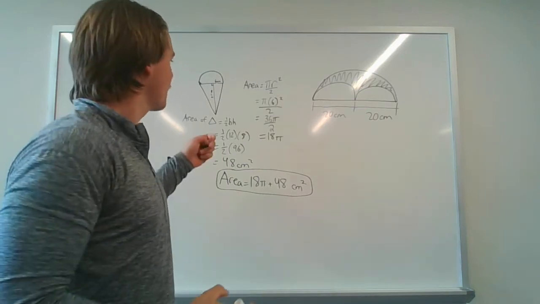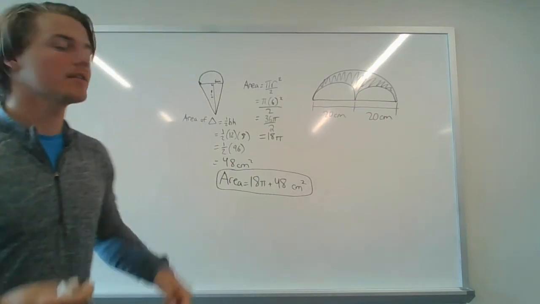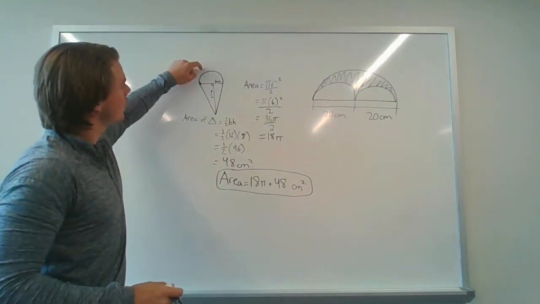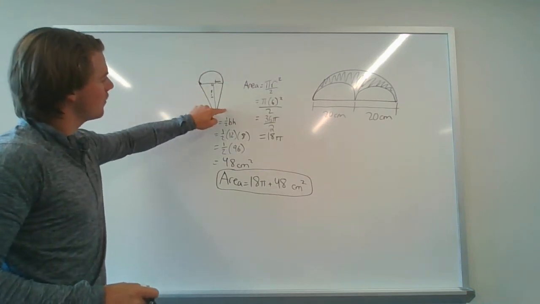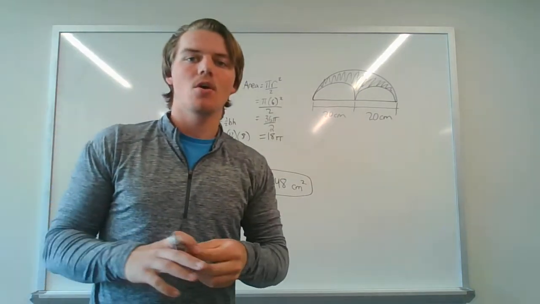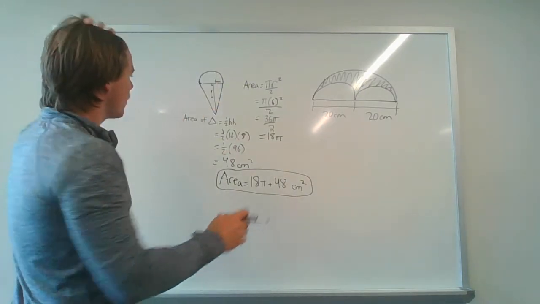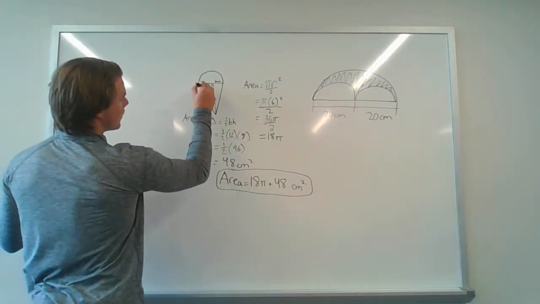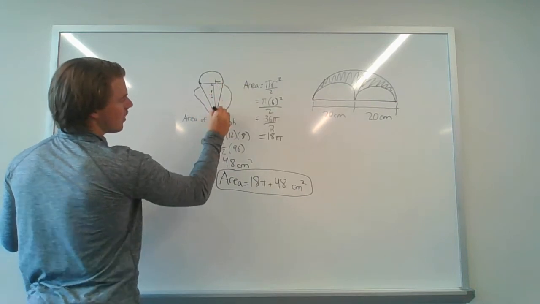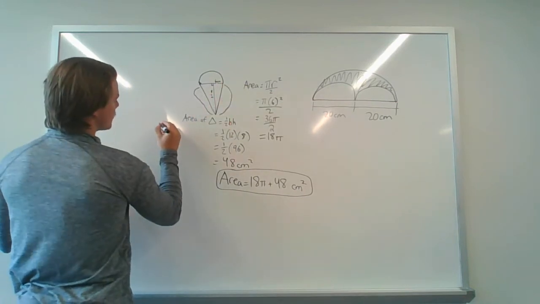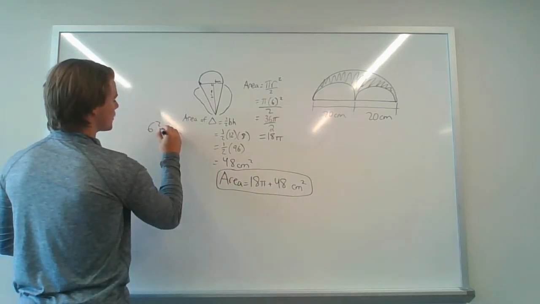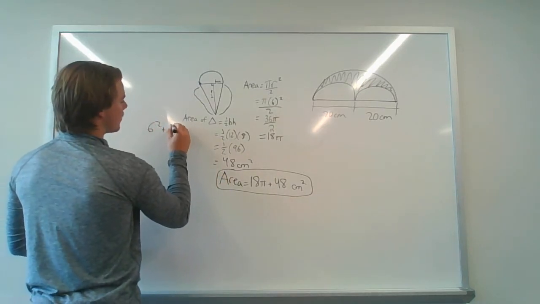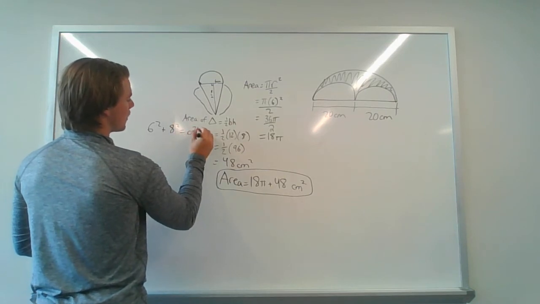Now, we've got to find the perimeter. That's going to include finding the circumference of this part, and we've got to find these sides. Because these are right triangles, to find this side we can use the Pythagorean theorem. So we've got a squared, which is 6, plus b squared, which is 8, equals c squared.